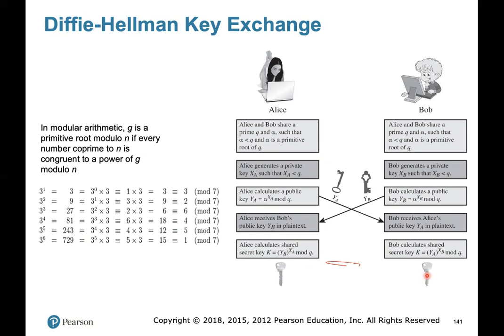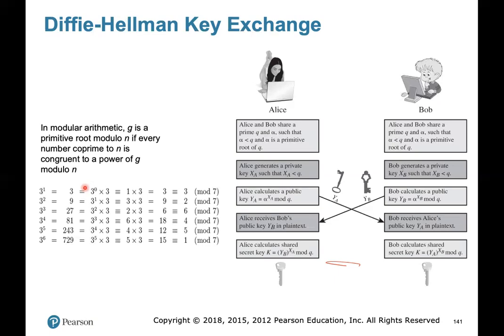It works based on some operations between Alice and Bob, and it is based on finding a primitive root, which is defined here. Of course, I don't want to add too much math to the lecture, but we need to at least hear the definition.